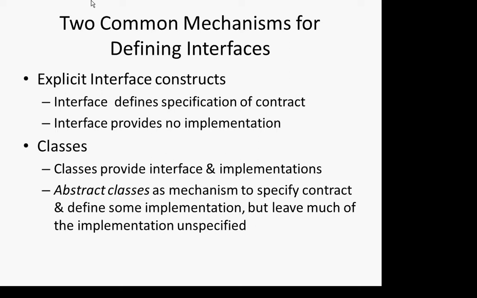And it provides no implementation, right? You declare an interface like the collection interface or like the set interface, and you have no implementation provided with it. You simply have a set of methods that you need to implement in order to be considered having implemented that interface.